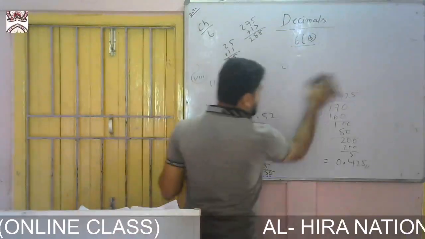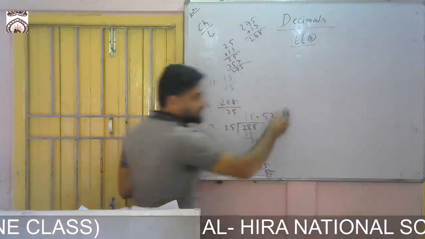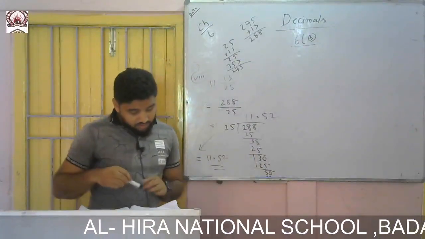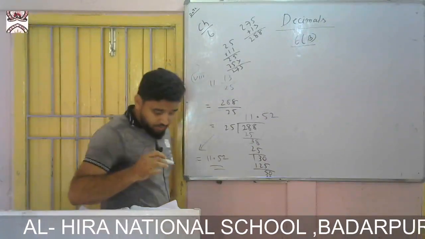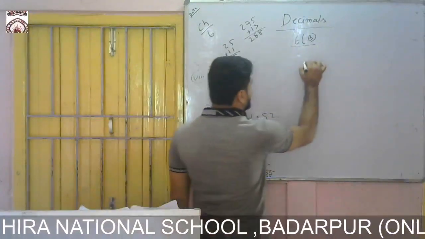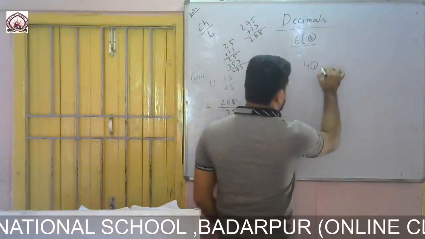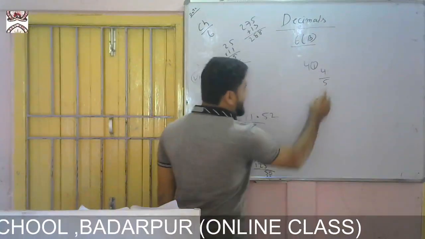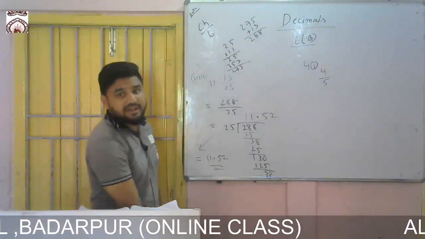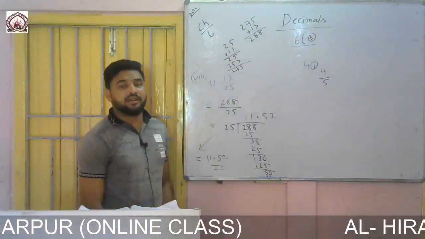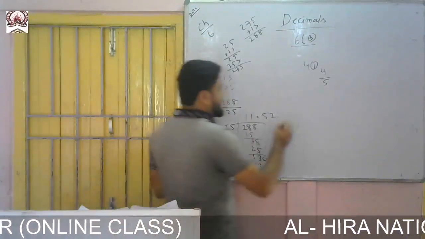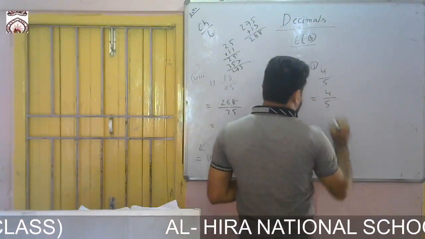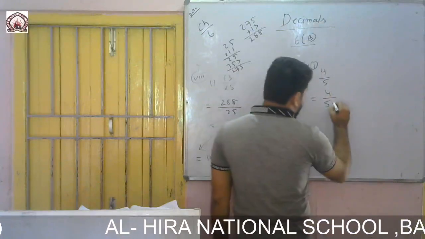Okay. So now come to question number 1, 4 by 5. 5 is there. If I have to make it a multiple of 10, then 5 twice is 10. So first you make it a multiple of 10.